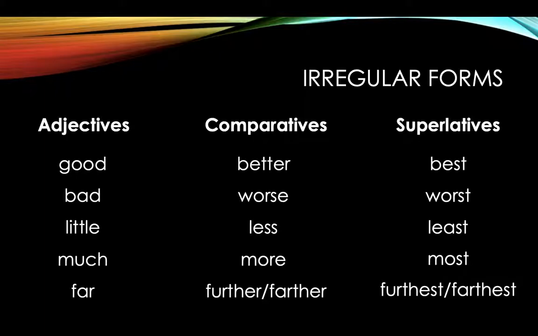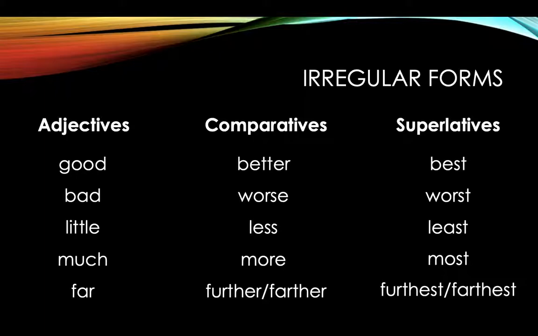So Gabriel has less money than Eric, but Gabriel may have the least money, right? That's just an example. So then we have much, so that turns into more or most. So how much money do you have? Well, I have more money than Jorge, but Angela has the most money. Okay.